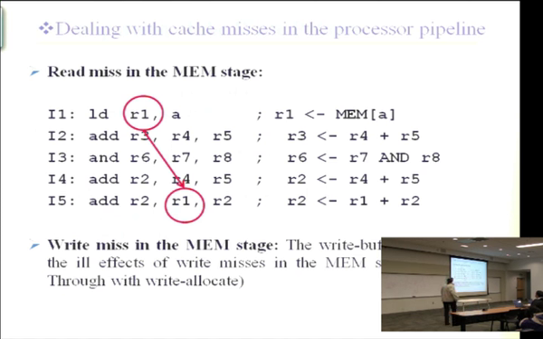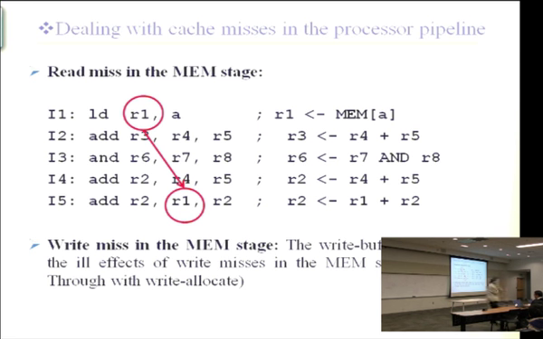So let's see how we deal with the read miss and the write miss. This is one example where we obviously have a read miss between I1 and I5. This one is loading this word and this one is reading it. So how would we treat that? This is pipelining, you know this.